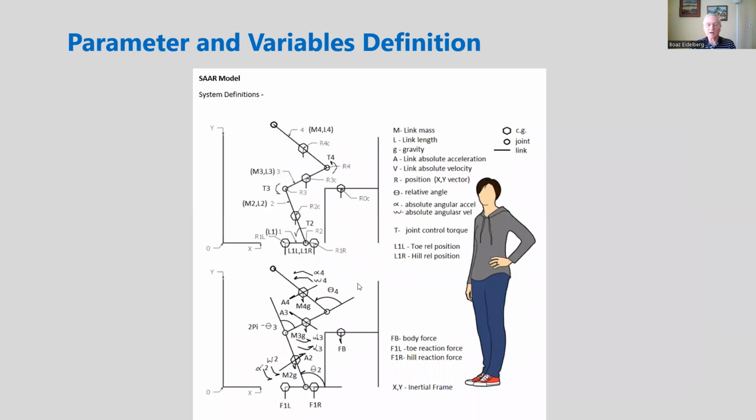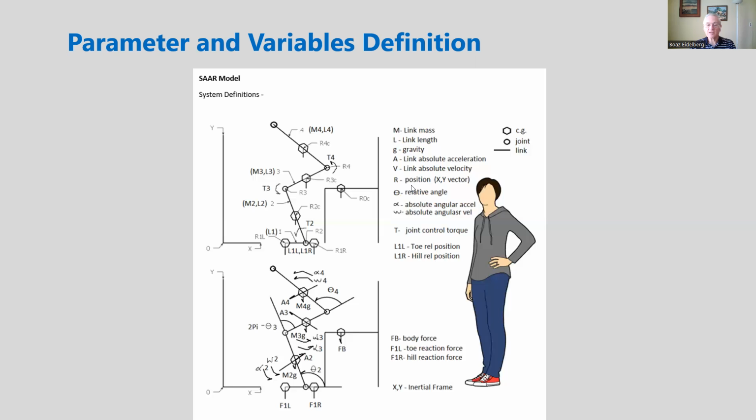And over here, we see the definition of the parameters and variables like the mass, the length of the object which is being used. This is the system itself, and all the angles and, what you see here, the dimensions, the axes which are going to be used in the simulation.